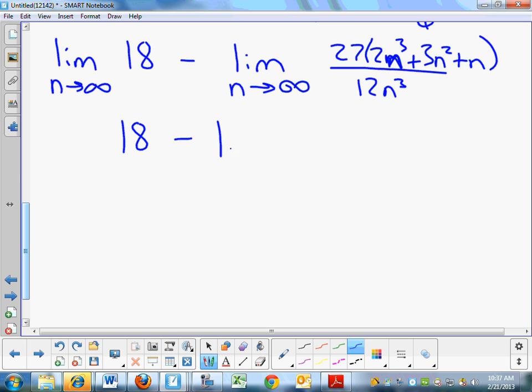Minus the limit as n goes to infinity of, let's distribute this through. I have 54. You're absolutely right, we'll do whatever you want. There are a number of ways to do this. I just want to do whatever you're most comfortable with in the algebra. Do you just want to take out a 2n to the third right now?